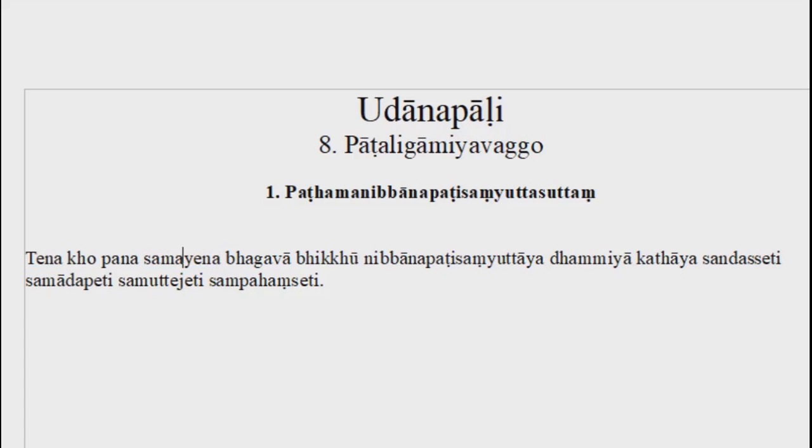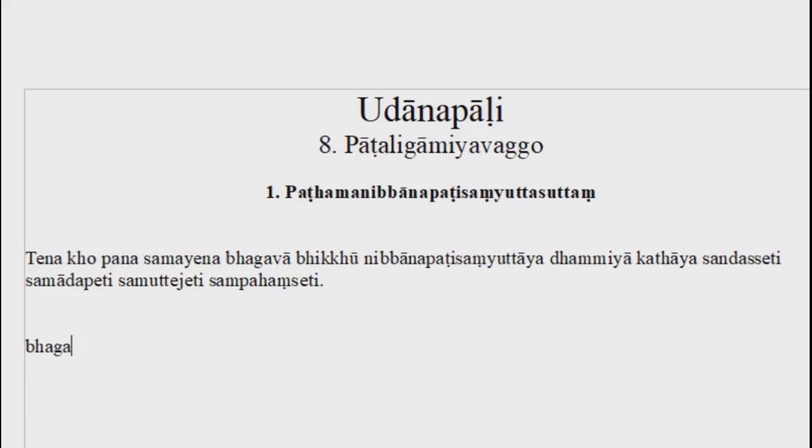Now kho pana we might take literally as indeed. Kho would be indeed, and pana can mean again. Usually kho pana, we're probably just understanding this as then, on this occasion. Bhagavā, the Blessed One, the nominative singular from Bhagavant.